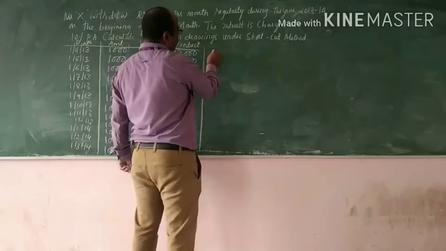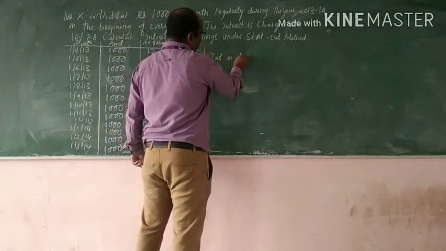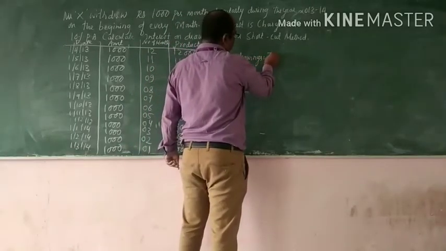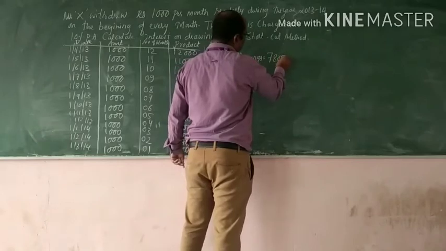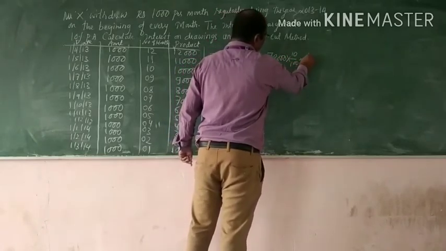So if you want to calculate the interest on drawings under the product method, it is equal to 78,000 into 10% into 1 divided by 12.